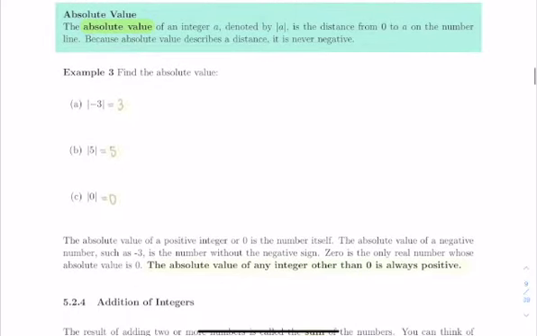So to find the absolute value of -3, we just take the inside and make it positive, and so we get 3. The absolute value of 5, because it's already positive, is going to stay exactly the same, and that's just 5. And the absolute value of 0 is just going to be 0.